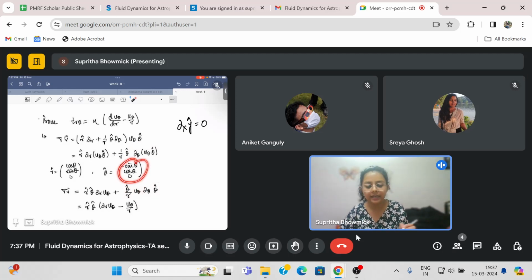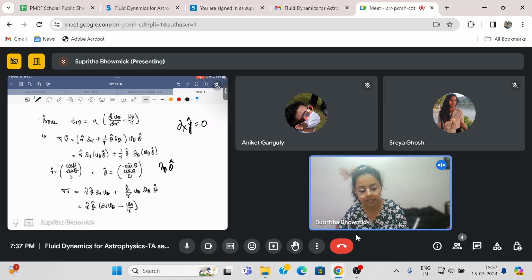But what is del del theta acting on theta cap? Del del theta of minus sin theta is minus cos theta, and del del theta acting on cos theta is going to give you a minus sin theta and then a 0, which is minus cos theta, minus sin theta, 0. But what is this?